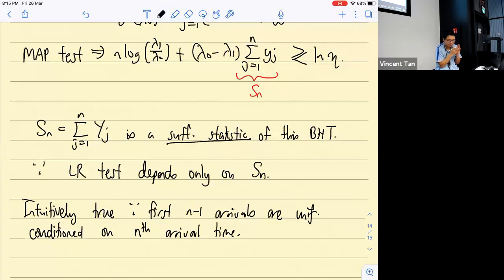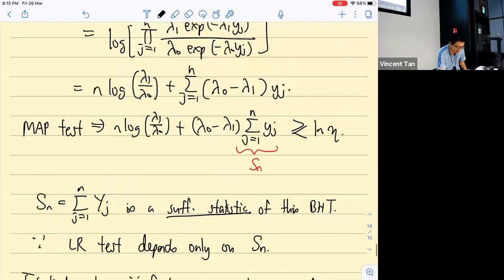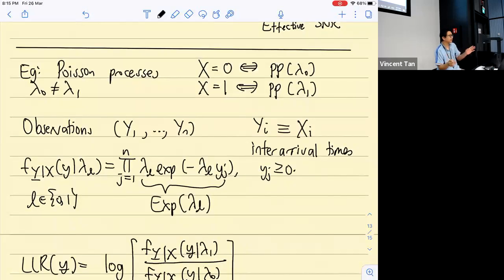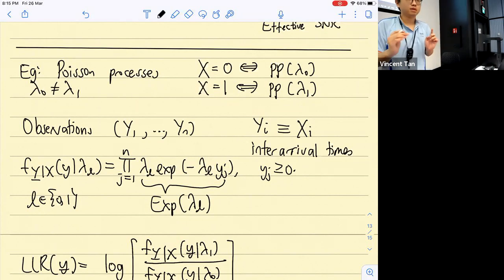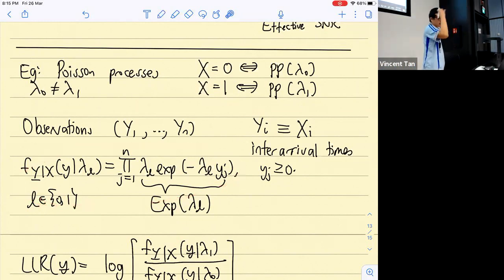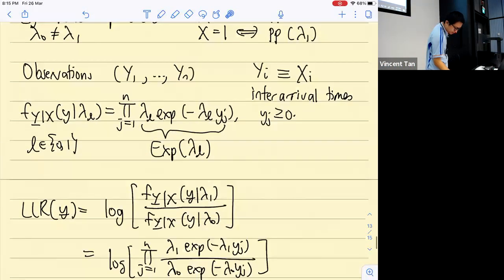Here we are interested in distinguishing between a Poisson process with rate lambda 1 or rate lambda 0. We make a sequence of observations which are the inter-arrival times, Yi, which we used to call xi. We are able to form the distributions by recalling that inter-arrival times are exponential lambda, and we are able to form this log likelihood ratio.